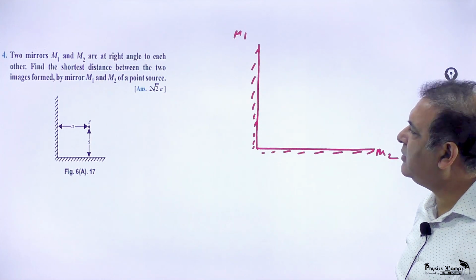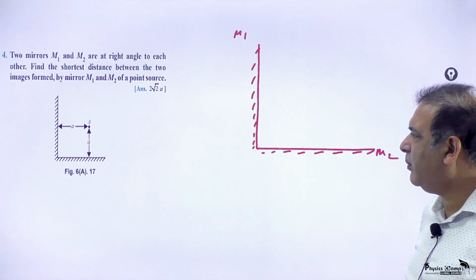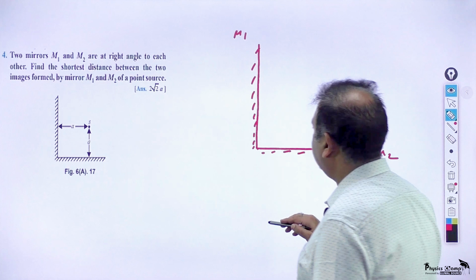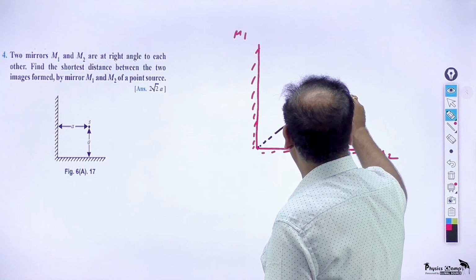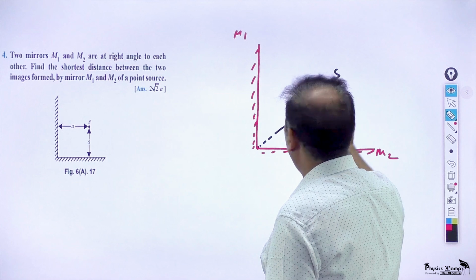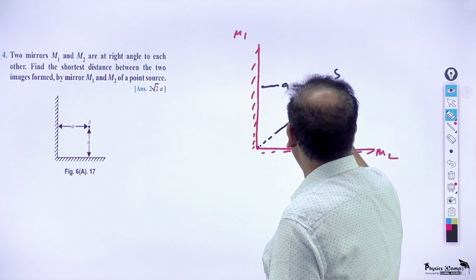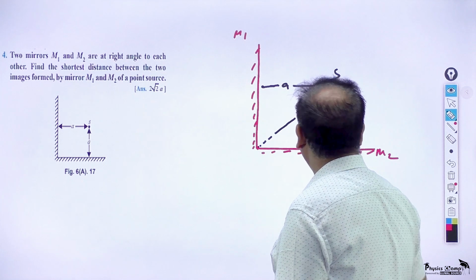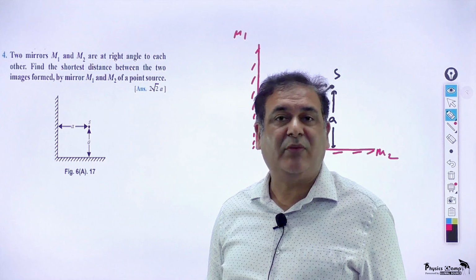Find the shortest distance between the two images formed by the mirrors M1 and M2 of a point source. So you have a point source here, which is at a distance A from this one and at a distance A from this one. You need to get the shortest distance between the two images formed.